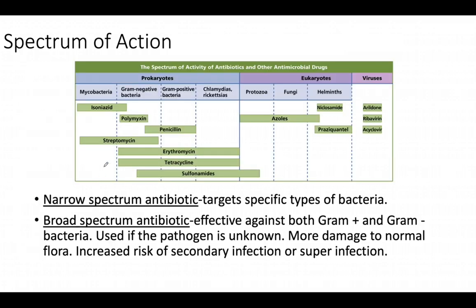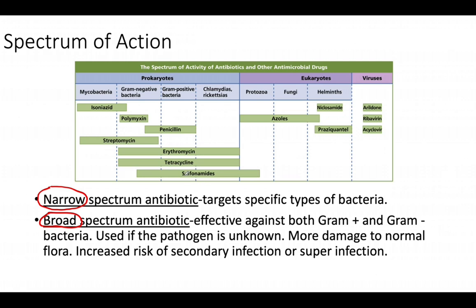This slide shows you what spectrum of action is, and there are 2 categories that you should be aware of. We can talk about drugs that are classified as narrow spectrum, or drugs that are classified as broad spectrum. As you might guess, broad means it's going to be an antimicrobial that's effective against a much greater number of different types of bacteria.